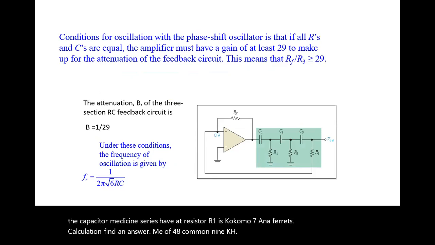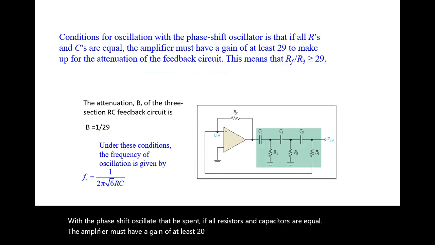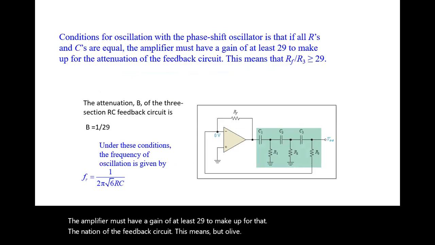Conditions for oscillations with a phase shift oscillator is that if all resistors and capacitors are equal, the amplifier must have a gain of at least 29 to make up for that attenuation of a feedback circuit. This means that RF divided by R3 should be bigger or equal to 29.